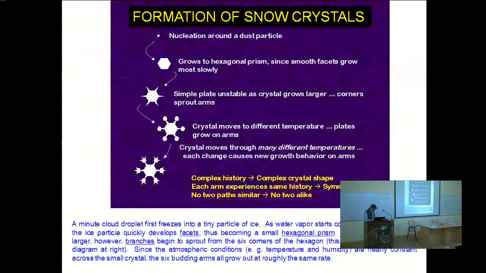So what really happens is that a small nucleation around a dust particle takes place. Actually, it can be around a dust particle, or it can also be because of the freezing of water molecules. Then it grows as a hexagonal prism, the simple plate, an unstable crystal, grows larger and arms sprout, and at the end of this, in the atmosphere, you have a beautiful structure of snow.